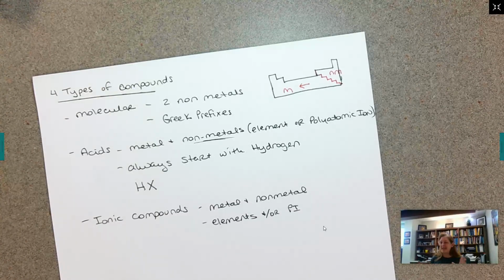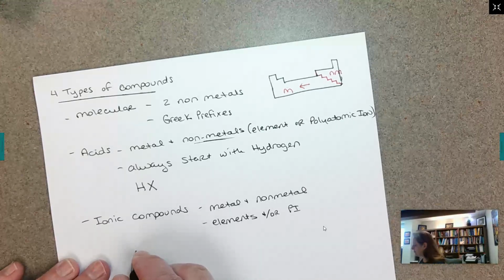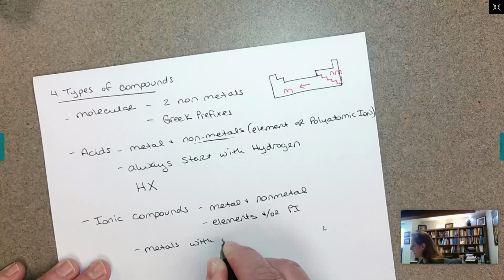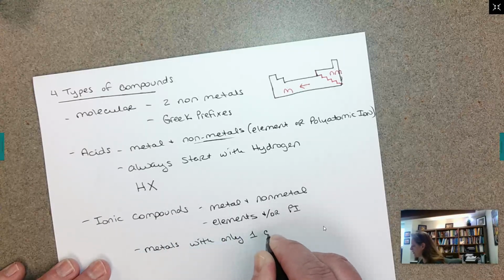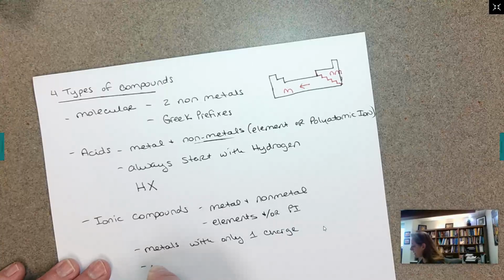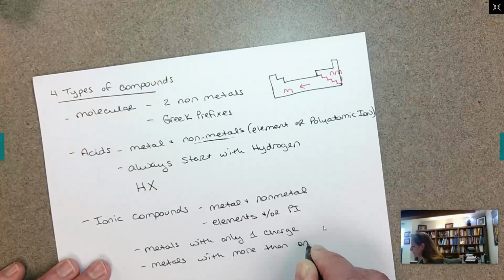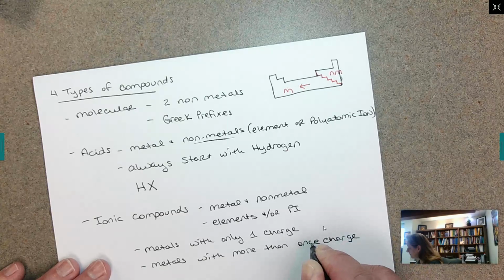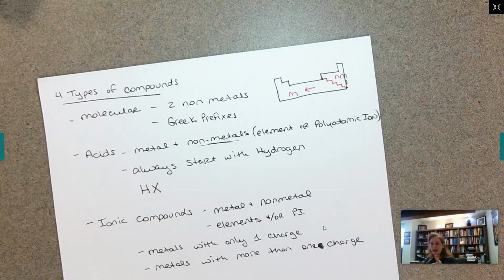Now, you got two basic types of ionic compounds here that we're going to take a look at. You've got metals with only 1 charge, and then you have metals with more than 1 charge. If it's a metal with 1 charge, it's just going to be pretty straightforward.